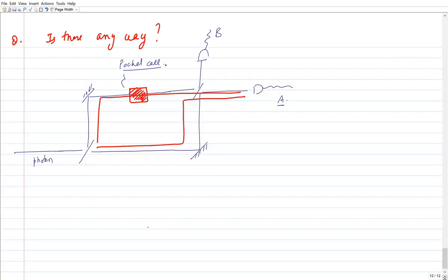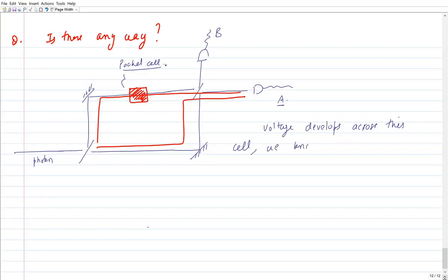So essentially the feature of the cell is that voltage develops across this cell when the photon passes through this path. So voltage develops across this cell.